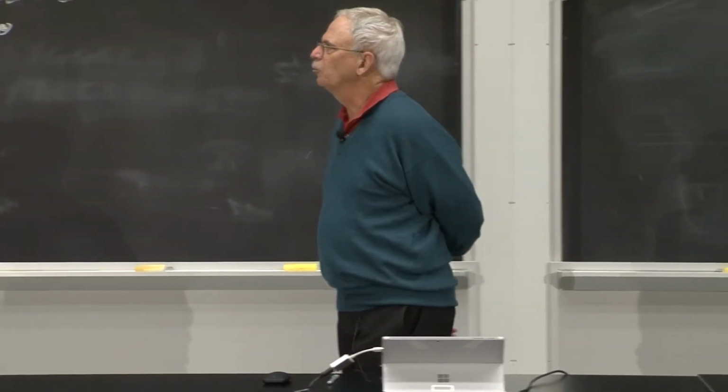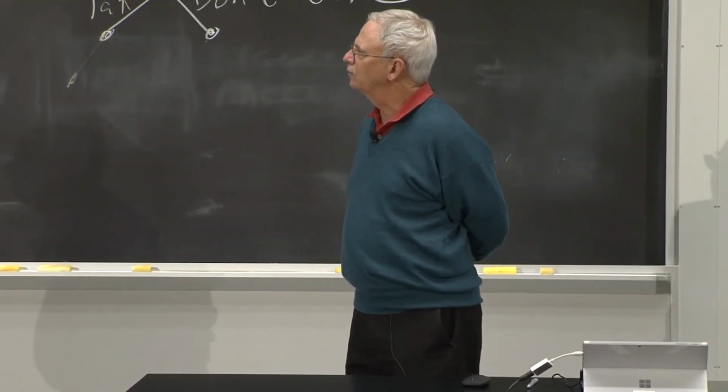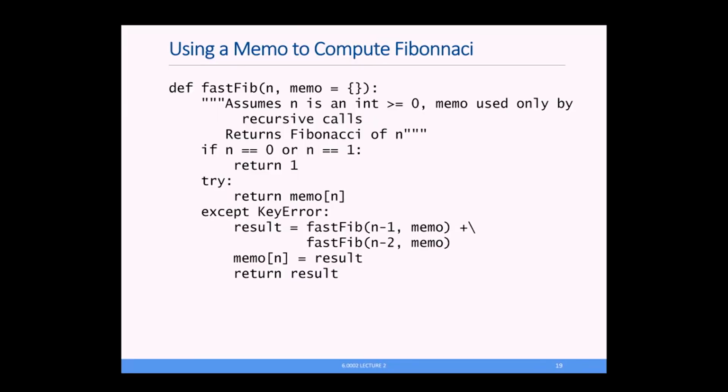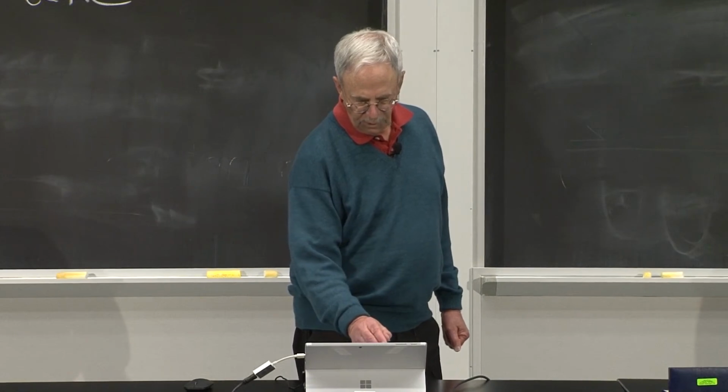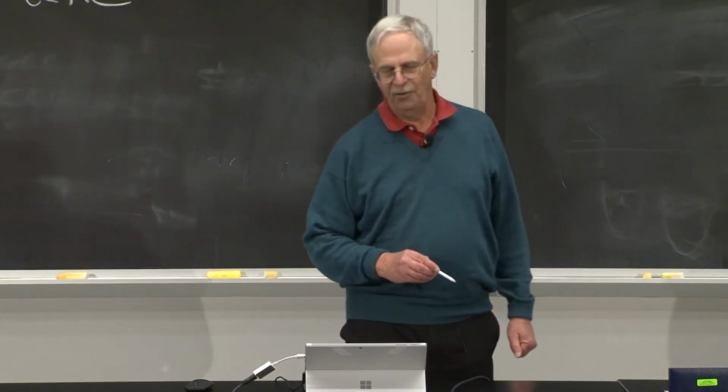So here's a fast implementation of Fibonacci that does that. It looks like the old one, except it's got an extra argument, memo, which is a dictionary. The first time we call it, the memo will be empty. So it tries to return the value in the memo.